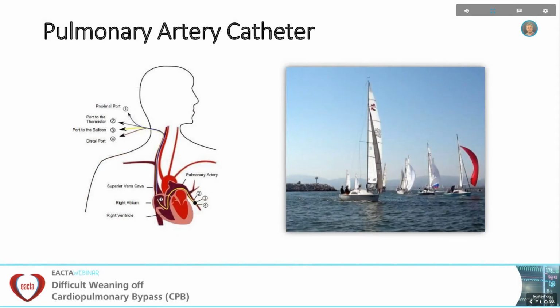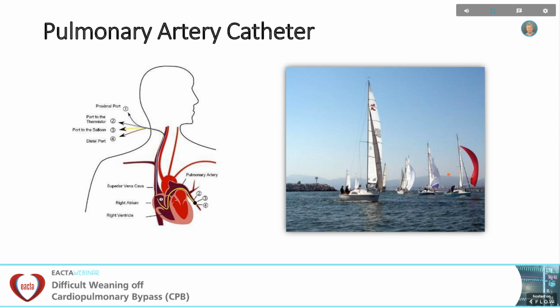dysfunction. And when Jeremy Swan was looking at a regatta here in Santa Monica Bay, he realized that some boats use a sail that is called the spinnaker. When they put up the spinnaker, the boat was running very fast.